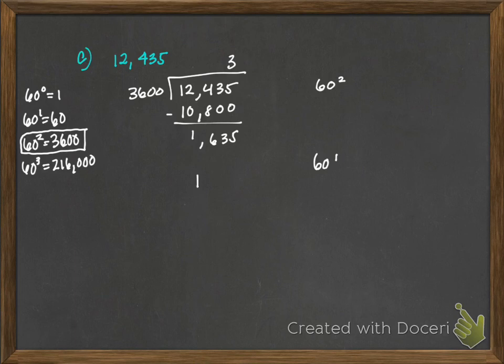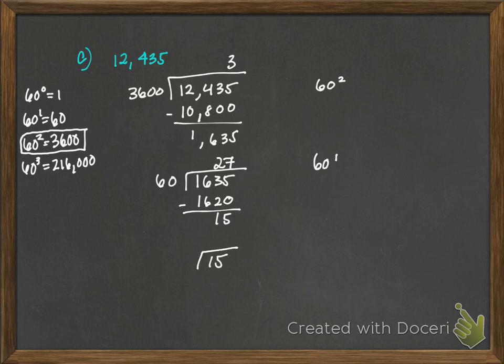I take 1,635 and divide it by 60. 60 goes into that 27 point some times, so I keep the 27. 27 times 60 is 1,620. Then I subtract, which gives me 15. I take that remainder of 15 and divide it by the next positional value down, 60 to the 0, which is 1. 1 goes into 15 fifteen times.